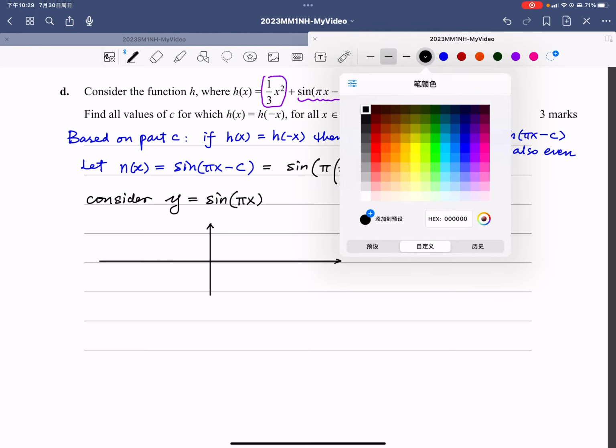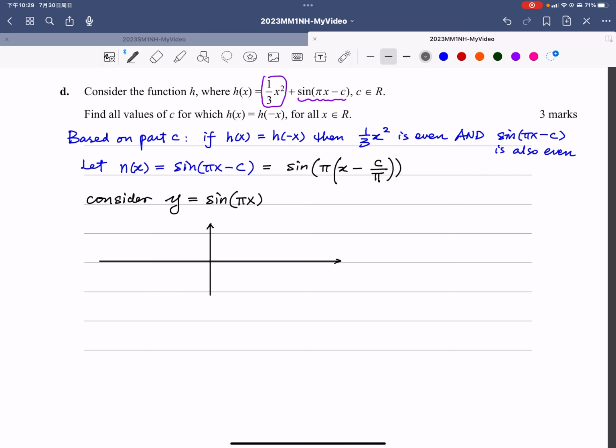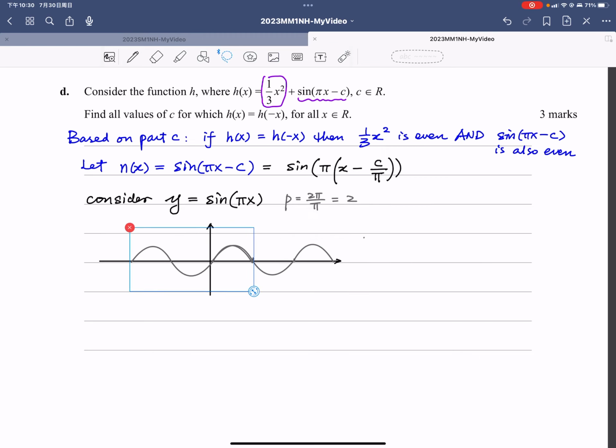The graph of sine pi x, let's use a gray color. Period equals 2 pi over pi, which is 2. This is one part here, another part here, and another part here. That's just a half cycle, but I think it serves its purpose. I can also duplicate this bit.